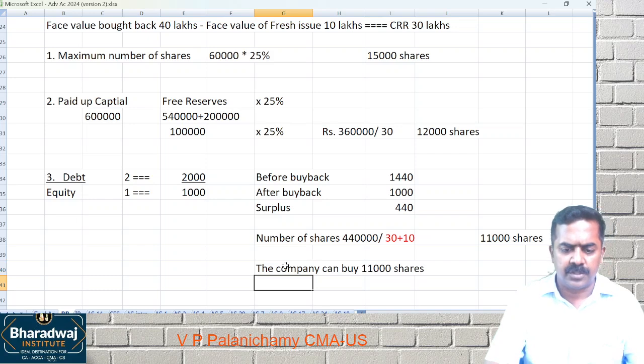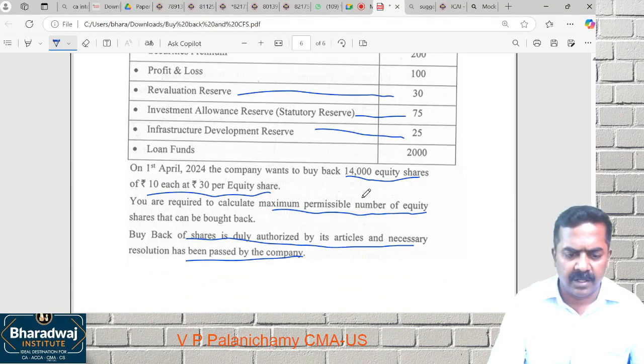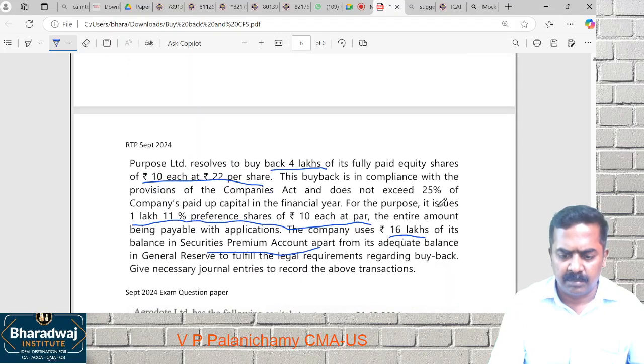They did not ask for a journal entry. They ask you how many shares can be bought back. Maximum permissible shares that can be bought back.